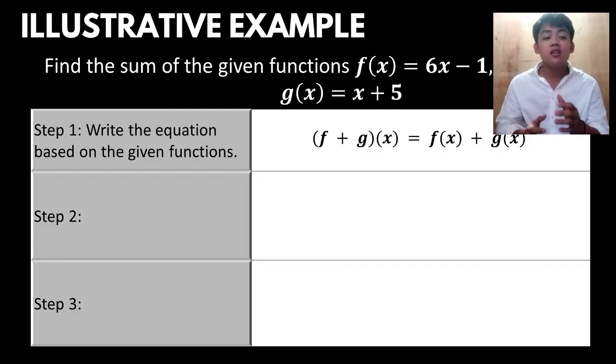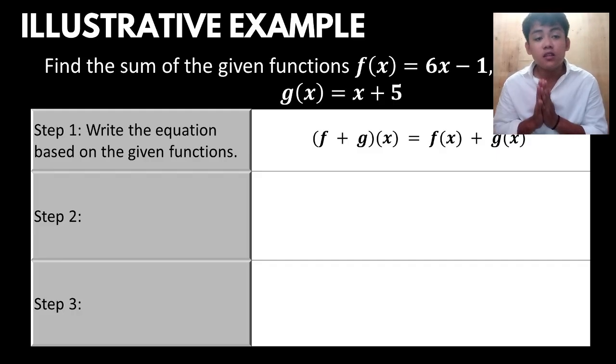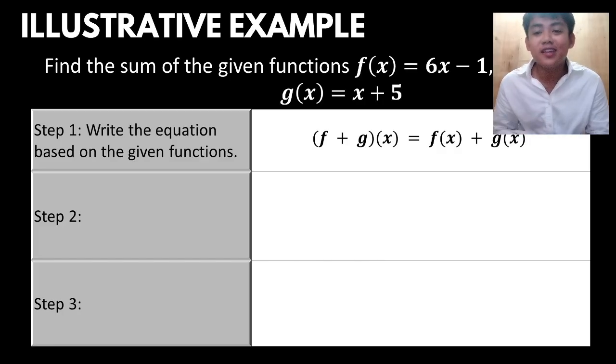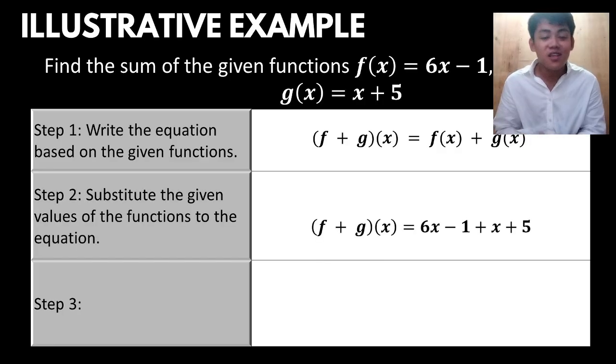Since it involves only writing the equation, we just need to copy the equation intended for the sum of the two functions, which is f plus g of x is equal to f of x plus g of x. Second, what do you think is our next step? Okay, very good. That is right, to substitute the given values of the functions to the equation.